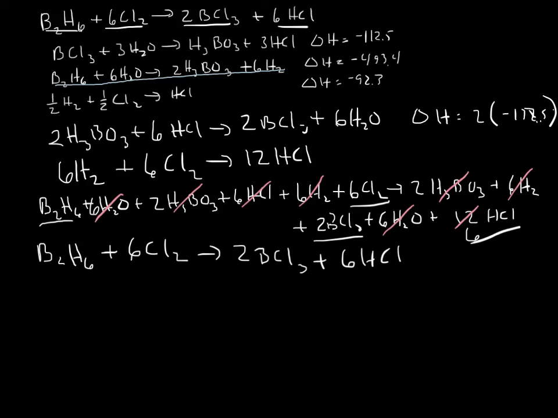It's really, really simple. We did forget to write this one though. Delta H for this reaction right here is 12 times the negative 92.3. So we're going to add up this one and these two.